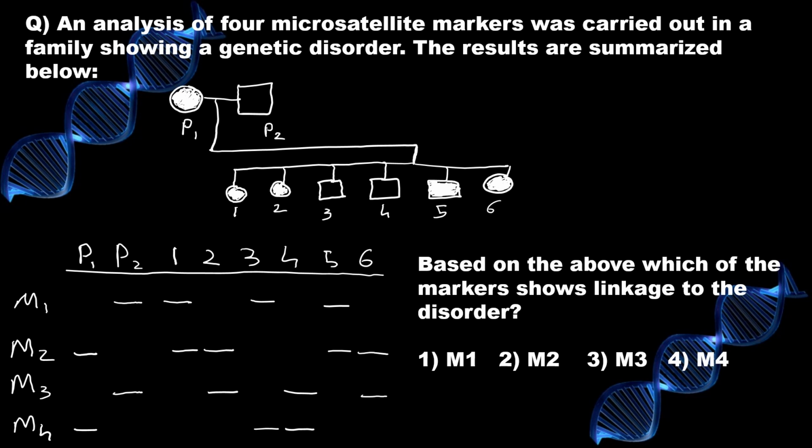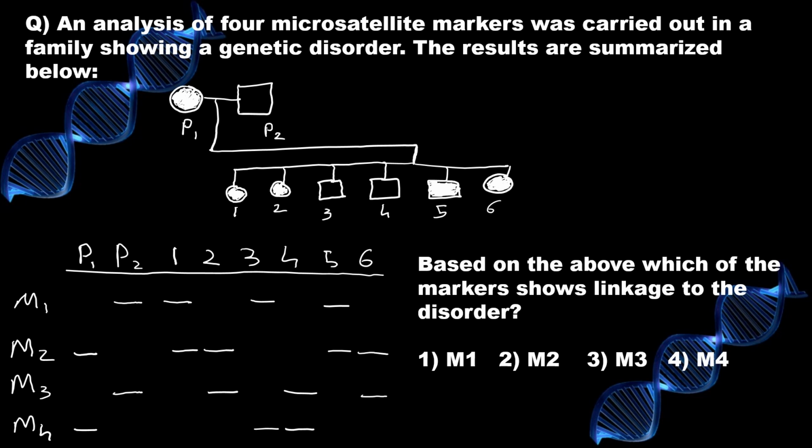A chart of markers corresponding to these traits and persons is shown. When we compare these two charts, we can see 2 bands in M2 and M4 positions for P1 and 2 bands in M1 and M3 positions for P2. So the question is, based on the above, which of the markers shown shows linkage to the disorder?